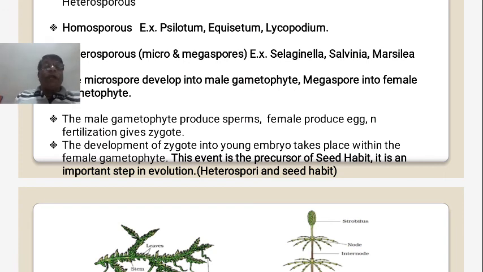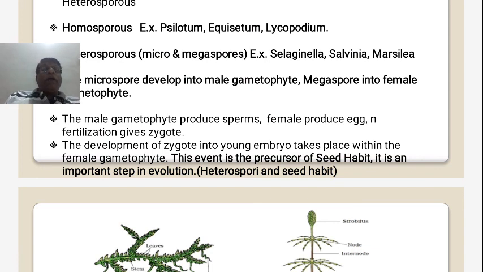Very important one. The male gametophyte, when it reaches maturity, produces sperms. Female produces egg. On fertilization it gives rise to zygote. The zygote directly develops into a new plant body.